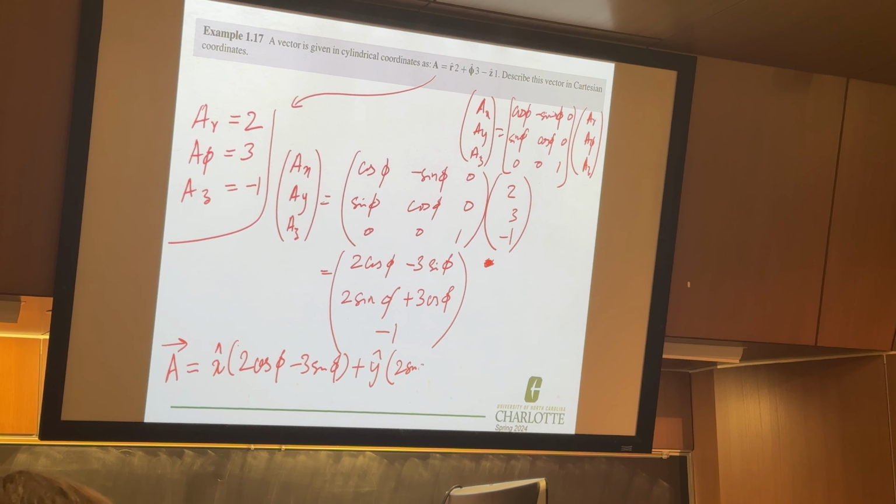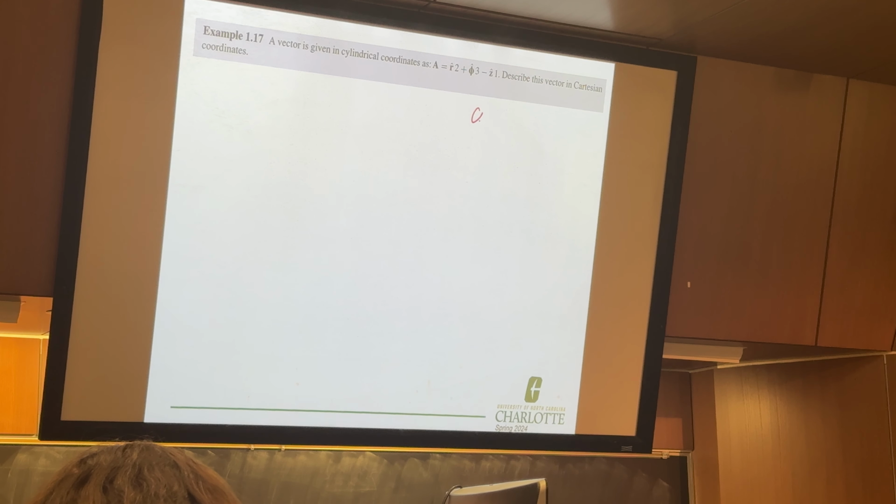So if you do the axis assignment properly, what do you get? Cosine phi is equal to x over square root of x squared plus y squared, and then sine phi is equal to y over square root of x squared plus y squared, right?